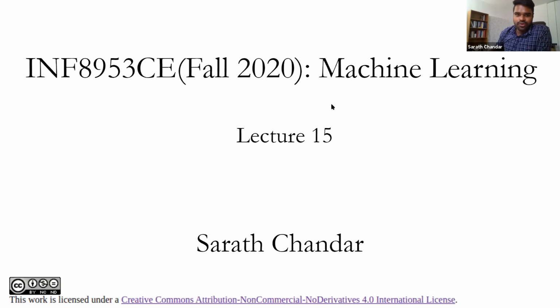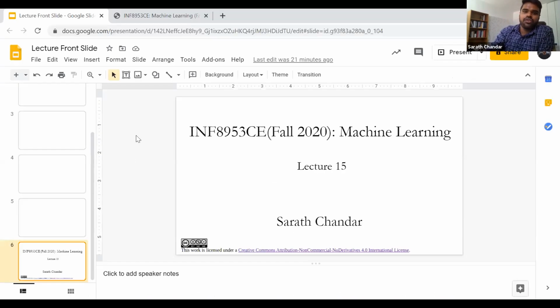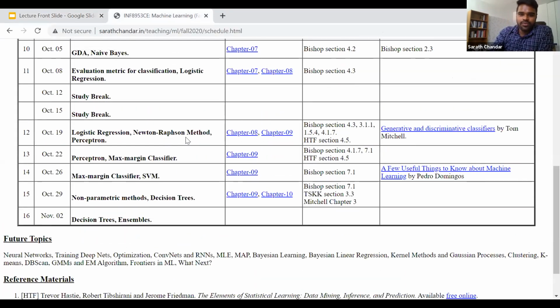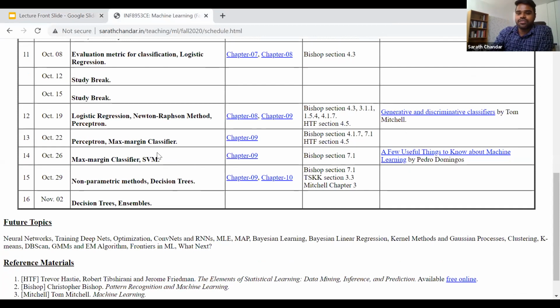Before we begin, a quick note on the reading for this week. If you go to the course website, you should see the reading for this week, which is this really useful must-read article by Pedro Domingos on a few useful things to know about machine learning.